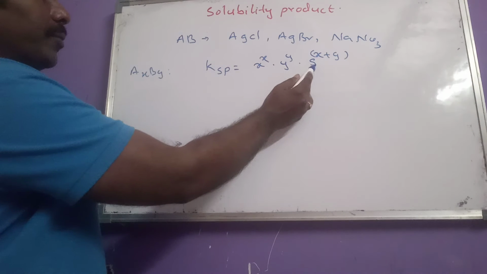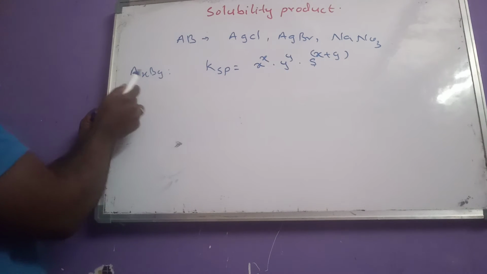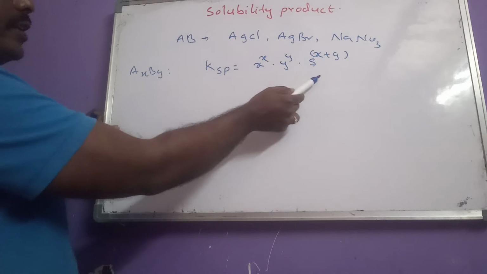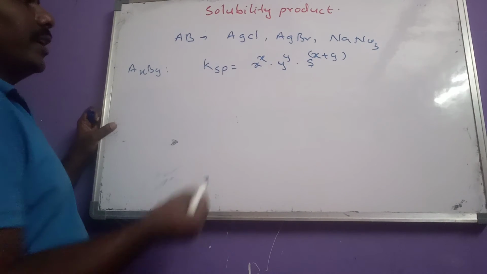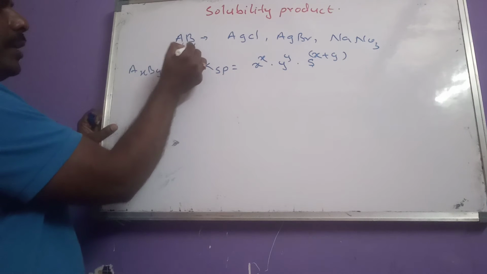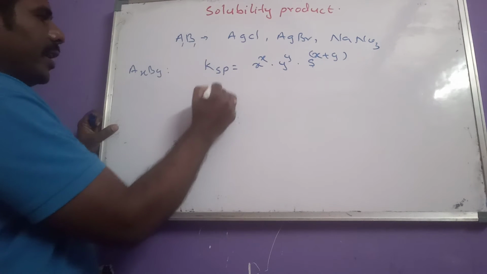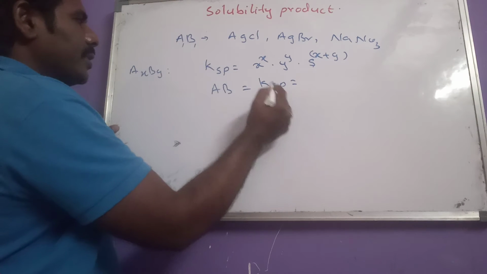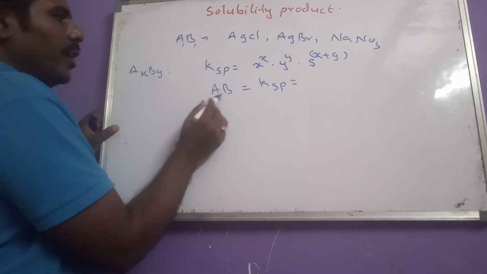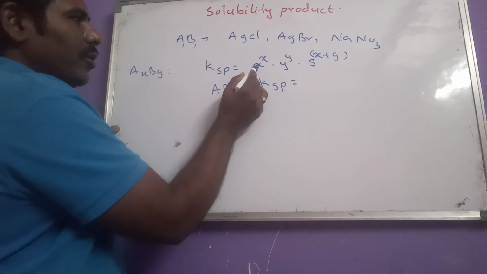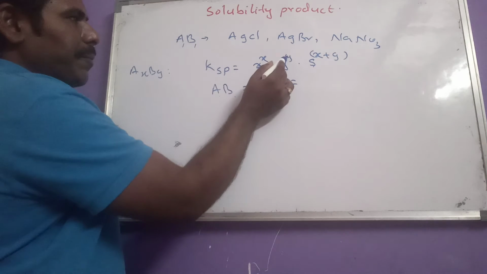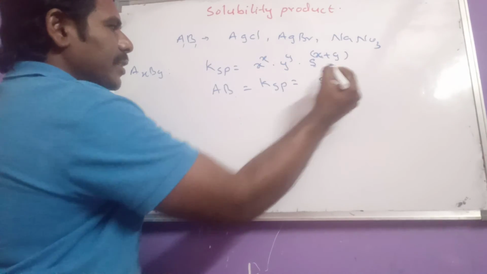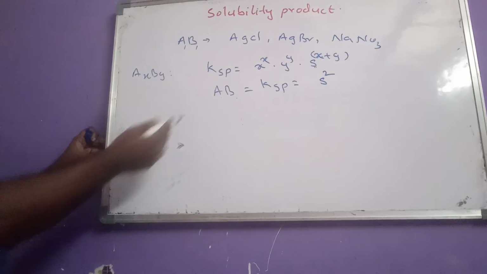So for A1B1 type, for AB type of salts, x is 1 and y is 1. So 1 power 1 into 1 power 1 into s power 1 plus 1. So we get s squared. So this is for AB type of salts.